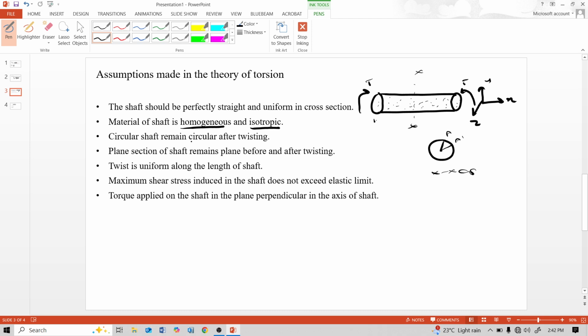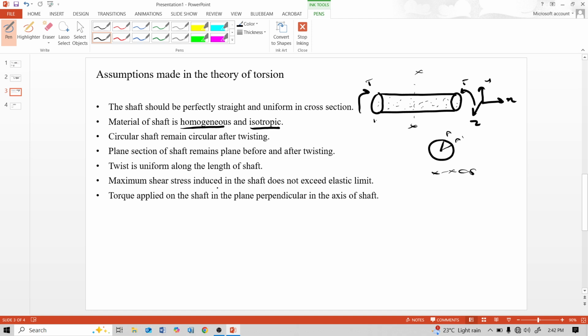Fourth point is the plane section of the shaft remains plane before and after twisting. This section should not be bent or take any other shape. Next, twist is uniform along the length of the shaft. This twist is the same throughout the length of the shaft. That means here the twist is the same, and here the twist is the same.